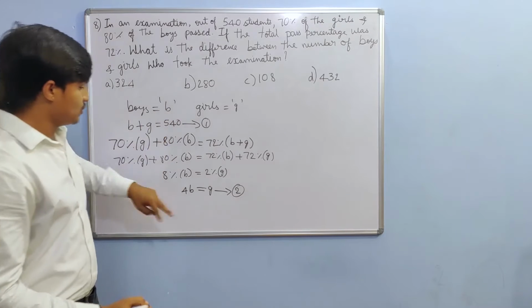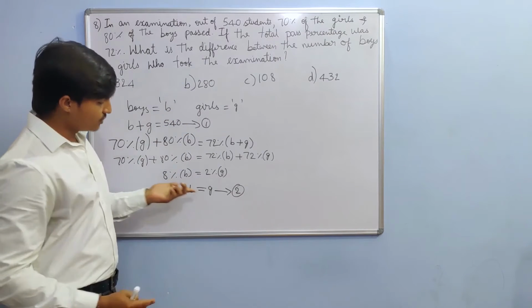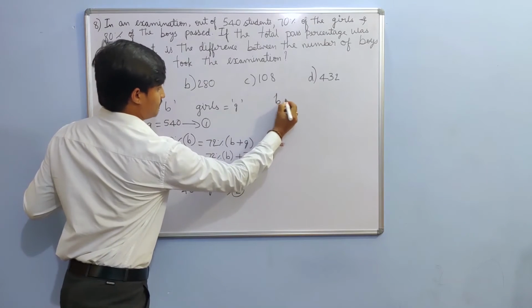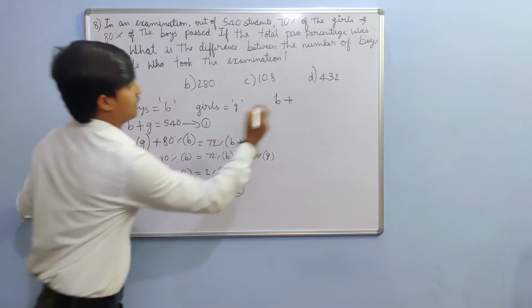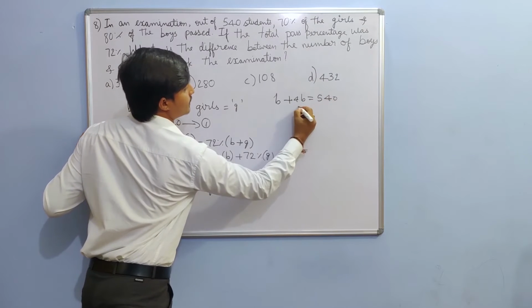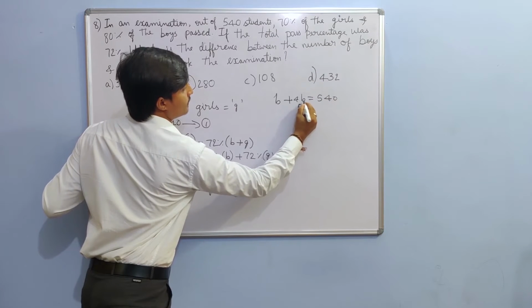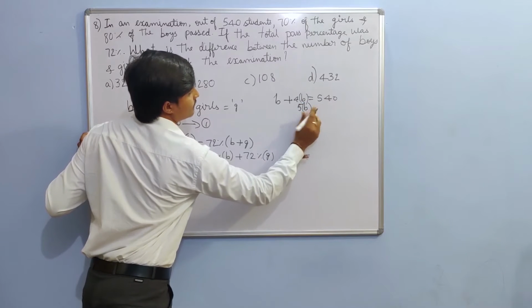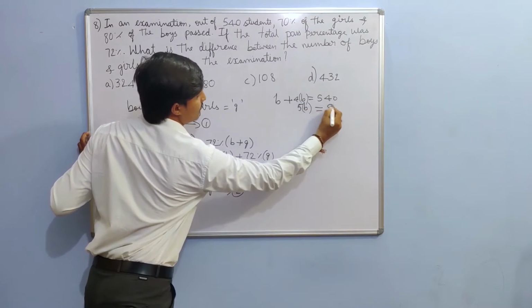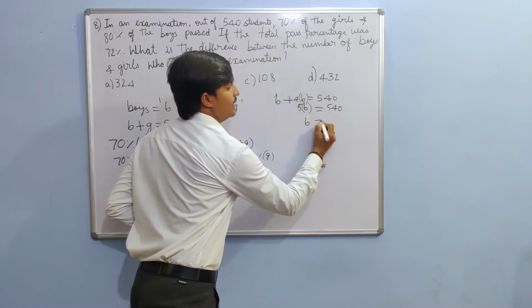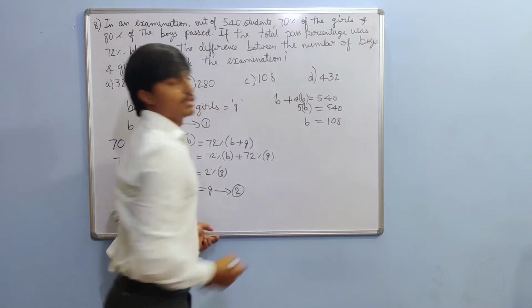By solving these two equations, by substituting this G is equal to 4B in equation 1, B plus 4B is equal to 540. So 5B is equal to 540. B is equal to 108.